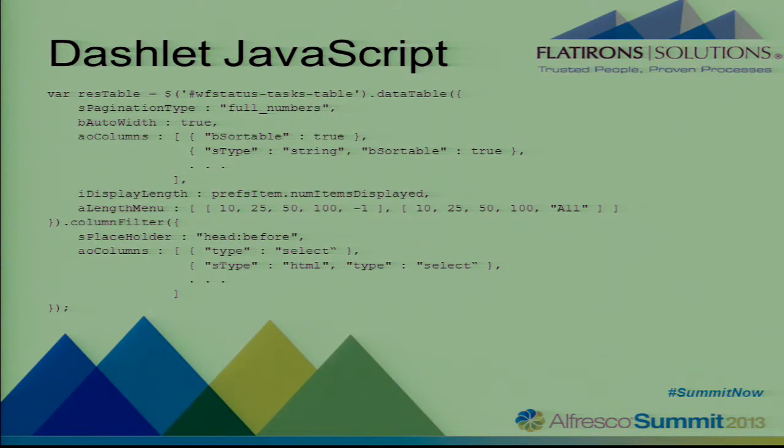You specify information about each one of the columns as far as whether it's going to be orderable, whether it's a sortable column, what type of data you're going to get, what it should be treated as. In this case, we're saying that second column, which is the task, is HTML. The type of, whether you've got a selector, a drop-down, or whether you've just got plain text, and so forth.